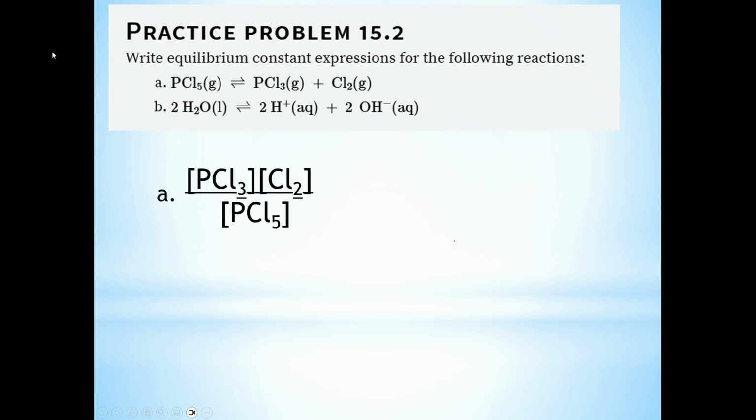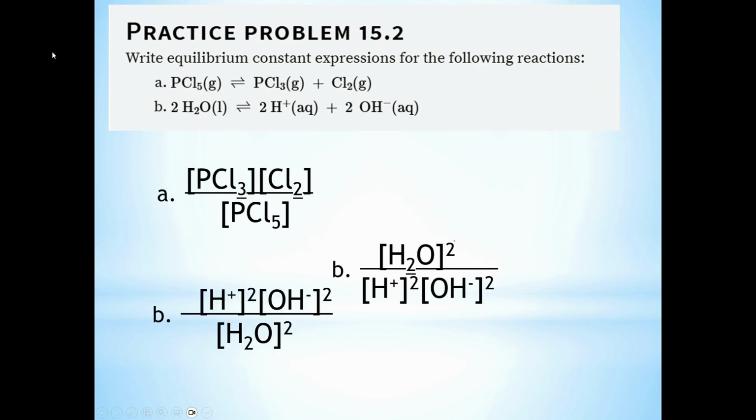Okay, so obviously I'm not just having a bad day today, I was having a bad day yesterday, last night when I was doing this. So in reality, H2O can't be included. So the equilibrium constant for that is simply H plus squared times OH minus squared.